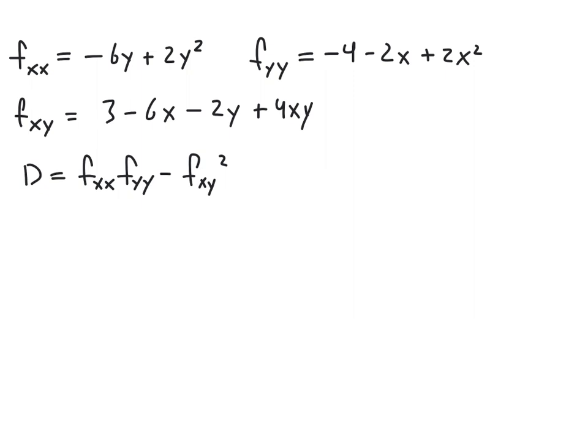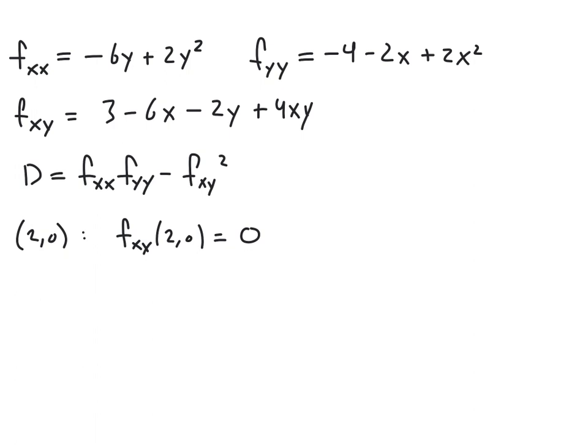So, for example, one of our critical points was the point (2, 0). We're going to compute what happens at the point (2, 0). If we substitute it into f sub xx, because f sub xx only involves y, this ends up being 0.